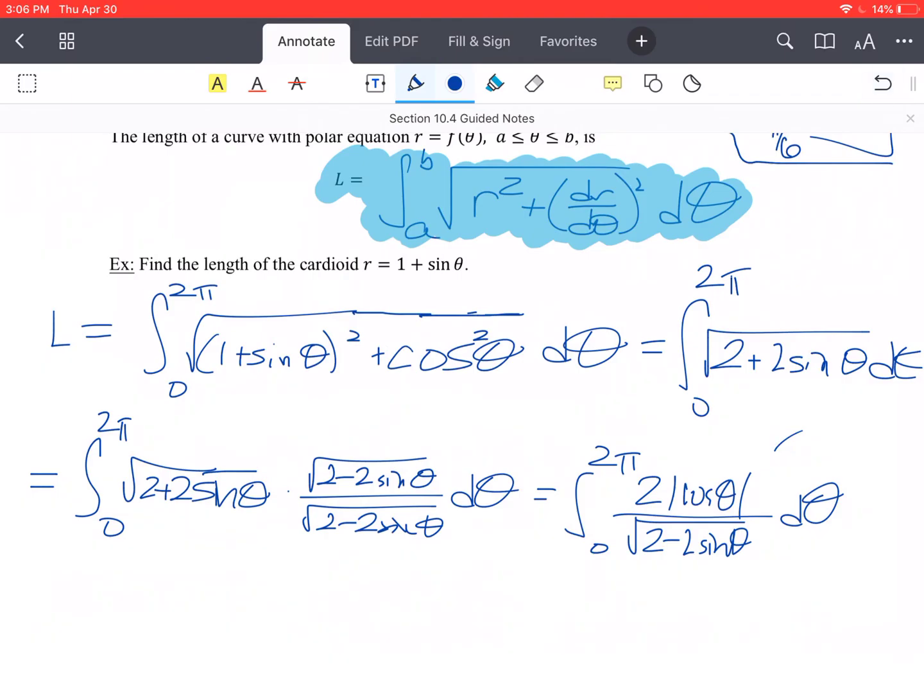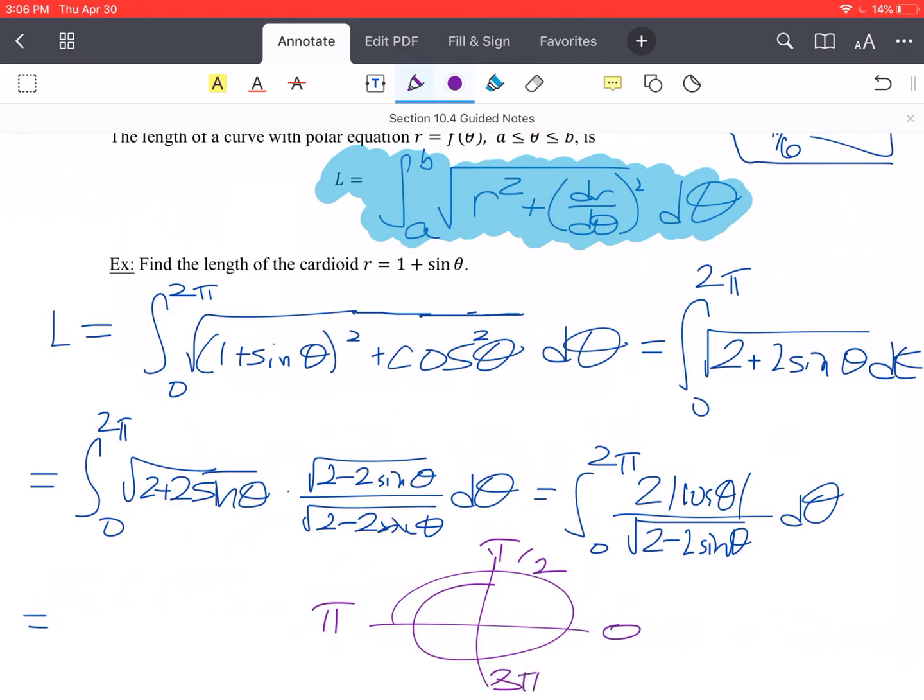There are certain points where cosine is positive and certain points where it's negative. So we would have to split this up over the positive and negative pieces. Looking at the unit circle, here's 0, pi over 2, pi, 3 pi over 2, and then 2 pi, of course, is back at 0 again.